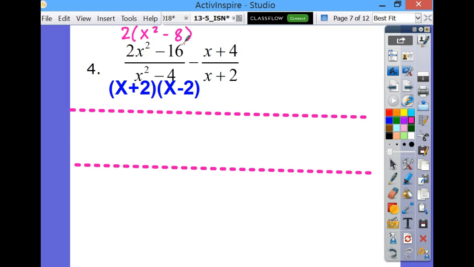When you cancel, that's it, what I'm going through. If you factor out the 2 and something cancels, that's a good idea. If you factor out the 2 and the x squared minus 8 will factor out some more, then you factor it out some more. But x squared minus 8 is not a perfect square. 8's not a perfect square. 9 is.